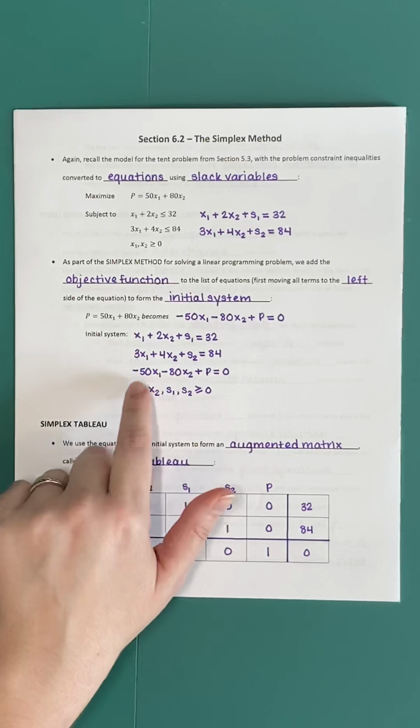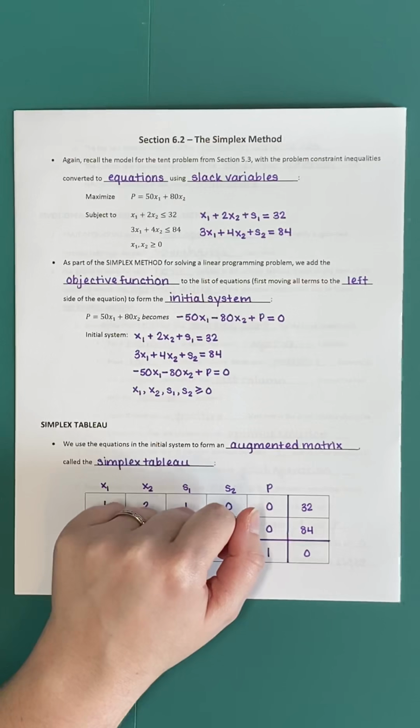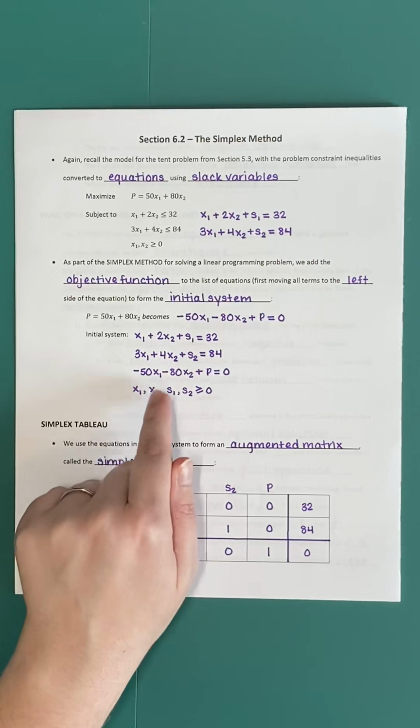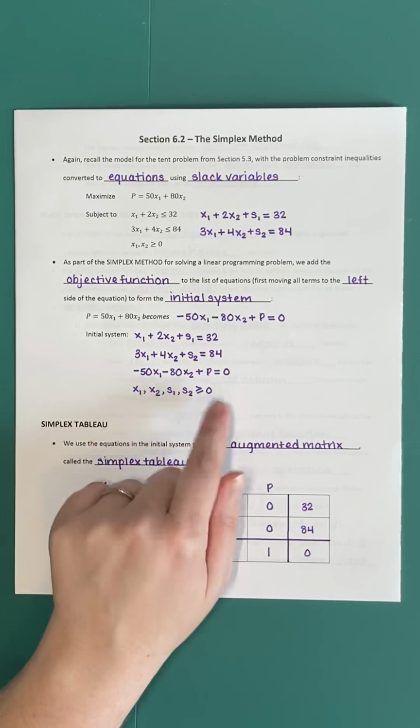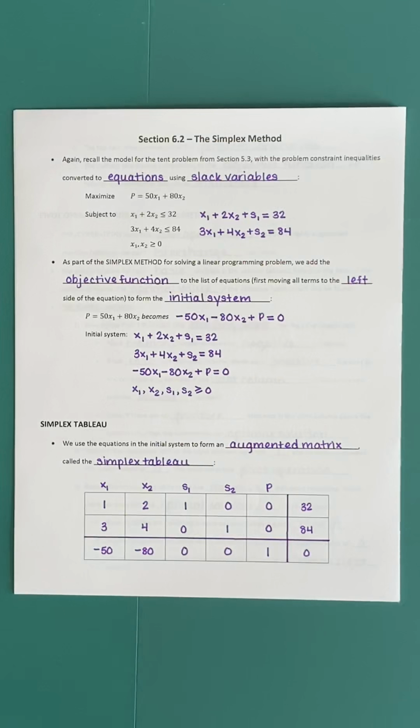Notice at the bottom I've still included the non-negative constraints. In order for a solution to be feasible, x1, x2, and our slack variables all have to be non-negative. Anytime one of those variables takes on a negative value, we can't have actual numbers in a real situation that represent that particular combination.